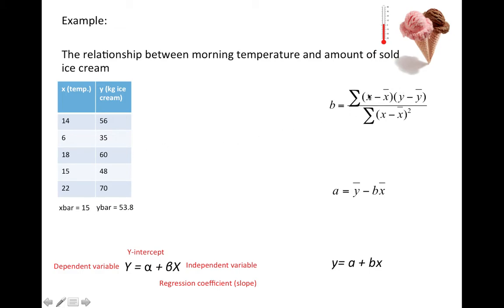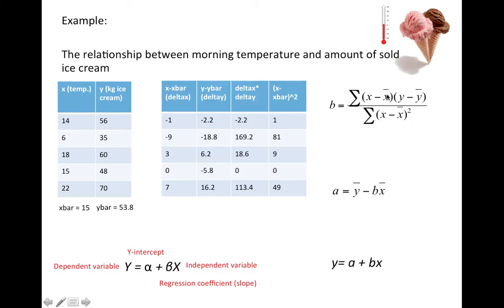That is the difference for each data point to the mean. Delta x we have in this column, delta y we have in this column. We're also going to need to multiply these differences, delta x times delta y, which we have in this column. And we're going to need to square delta x values. We have that in this column.